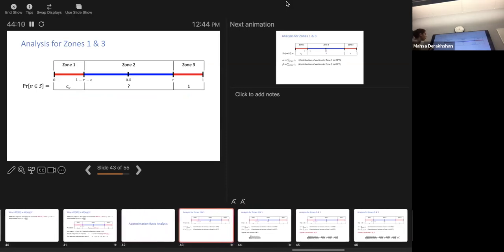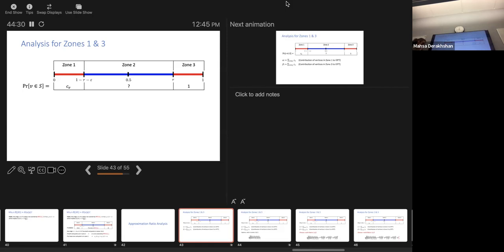So the analysis is kind of different for zone 2 and zones 1 and 3. So we have a separate analysis for this part and a separate analysis for this part. So let's first look at zones 1 and 3. What's the probability of a vertex whose CV falls in this range?